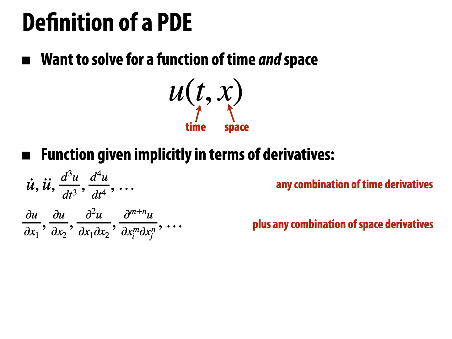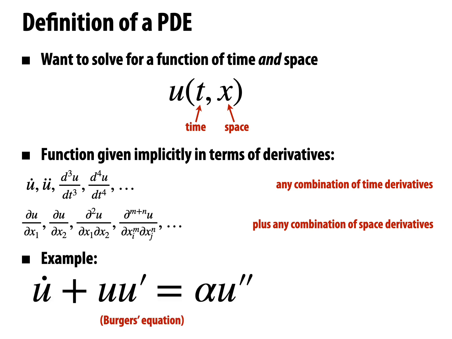Partial u, partial x1, partial u, partial x2, the second derivative of u along x1 and x2, and so on. So just as an example of some random PDE that mixes together space and time derivatives, it's kind of a classic equation, Burgers' equation, which says that the time derivative of u plus the value of u times the space derivative of u equals some constant alpha times the second spatial derivative of u.